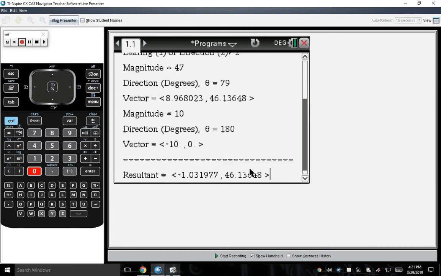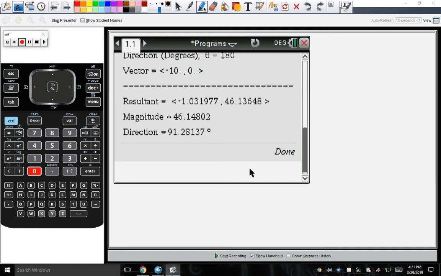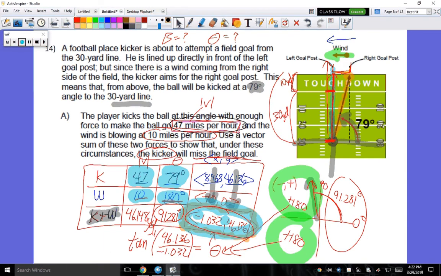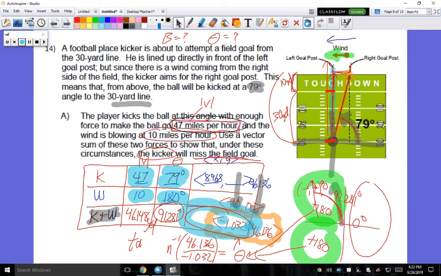And you notice right here we have the resultant, which is what we had back over here. As far as in our work, we had a negative 1.032 and a 46.136. And we got that as far as our resultant is concerned right here. Let me highlight it in green.